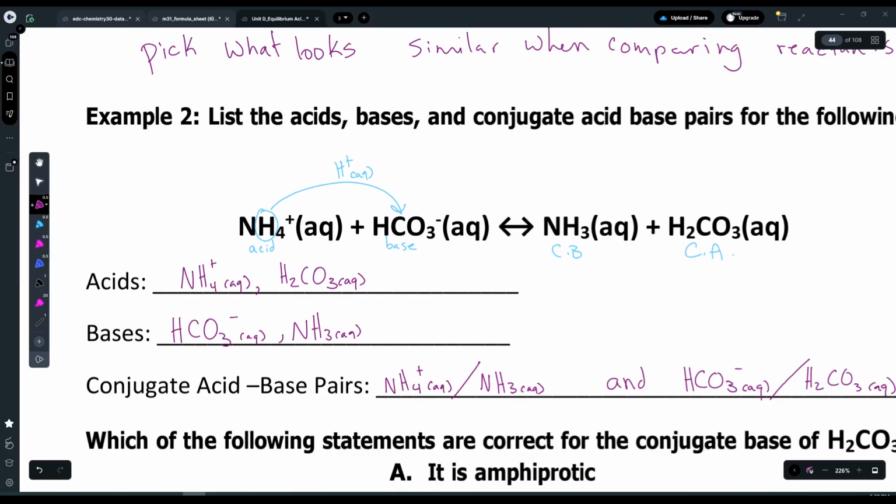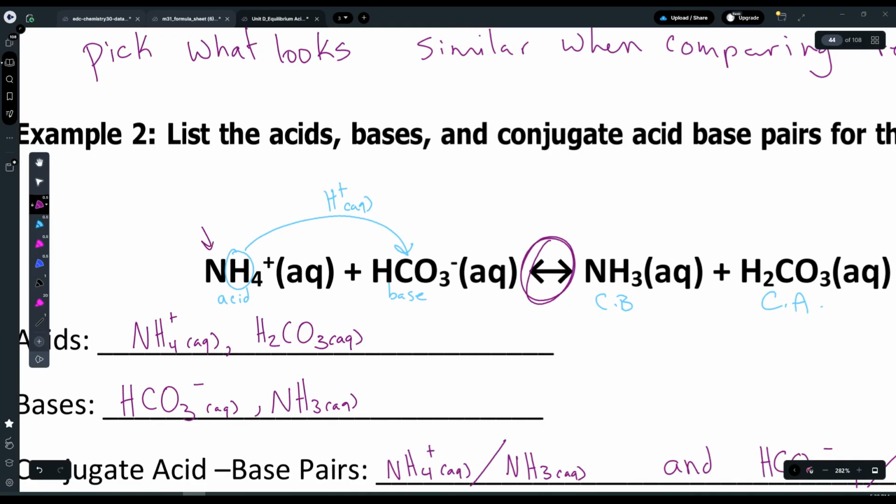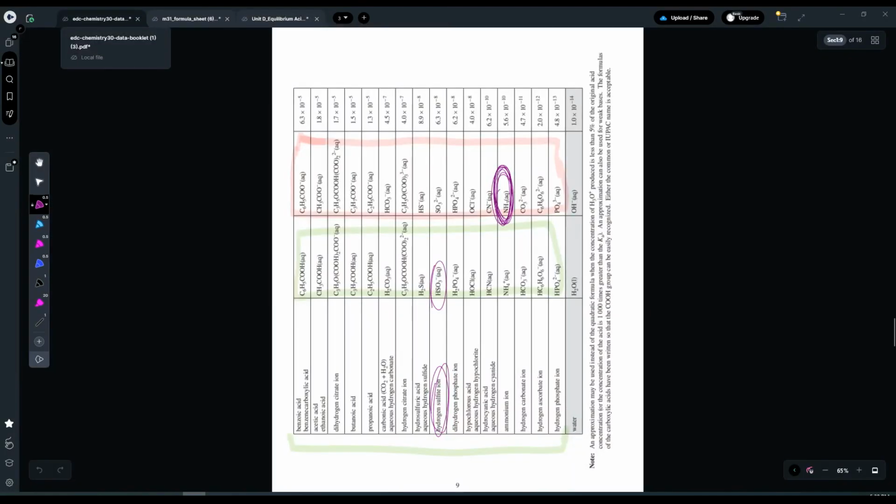Okay, so just to follow up on how we know, if you had to write out this reaction, how you would know to use the equilibrium arrow is because both ammonium and hydrogen carbonate are weak acids and weak bases. So you're going to find them between the two gray lines in your data booklet. Let's bring that back.